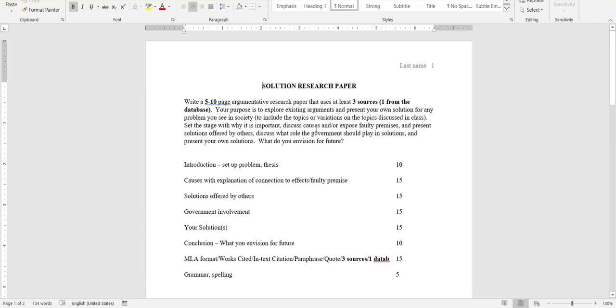No one's going to read your paper unless you make it really a pressing issue, something that is detrimental to us in some way and must be resolved. And then you will discuss the causes and expose any faulty premises and present solutions offered by others, and then say why they aren't as good or why they won't work, and discuss the government role and what it should play, etc.